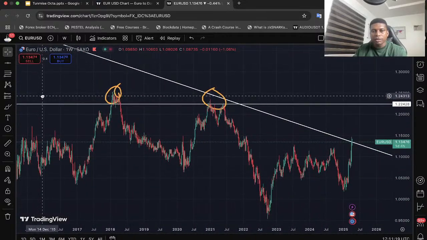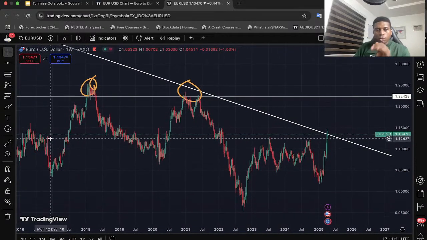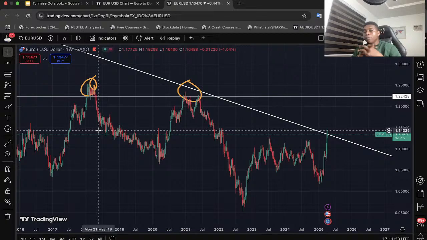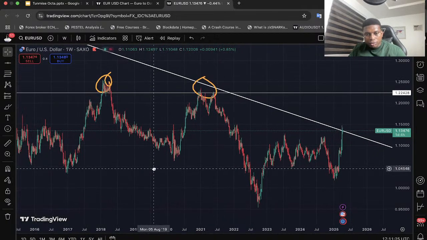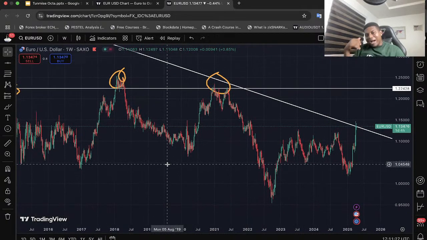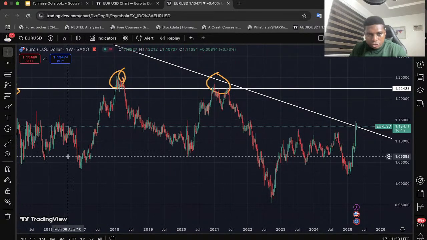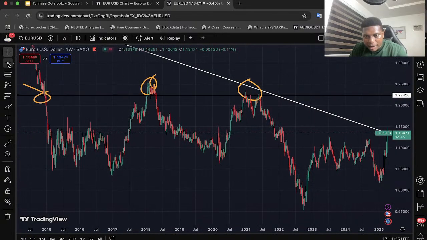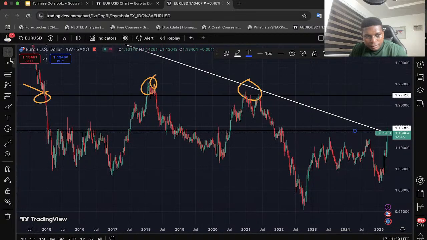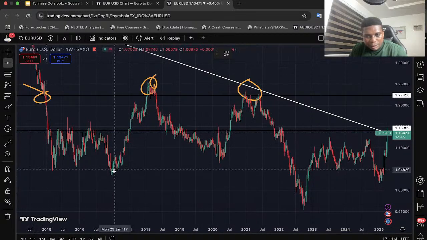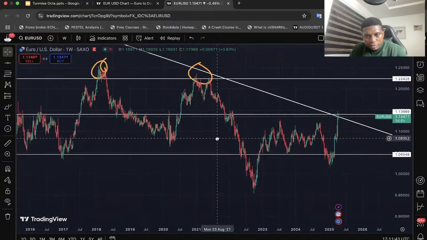Now, looking at this, because this is becoming clearer, we can now see that there are actually those layers which we are going to map out right now. So we can see that there is support and resistance at this level. There is another support and resistance at this level.